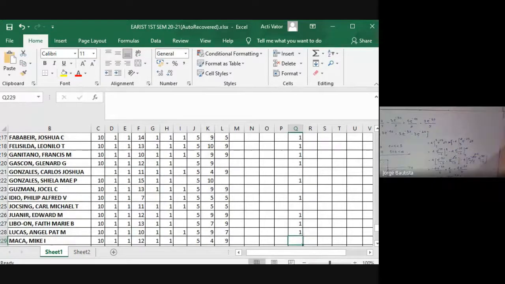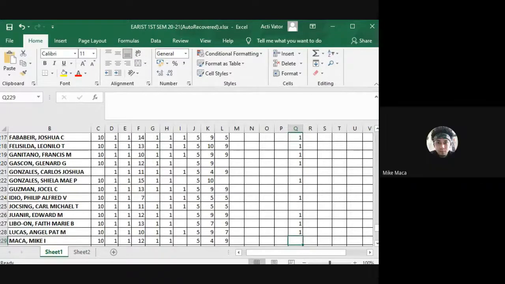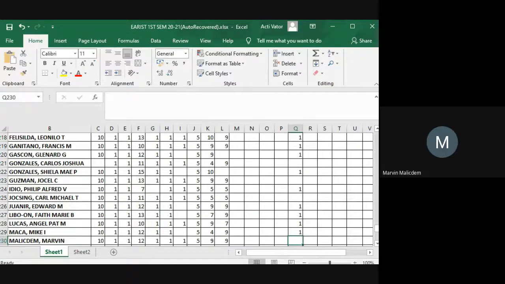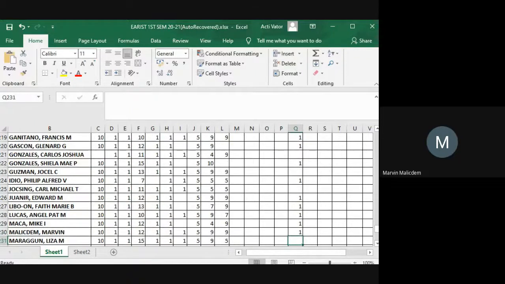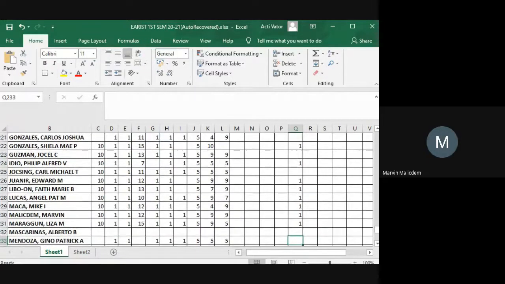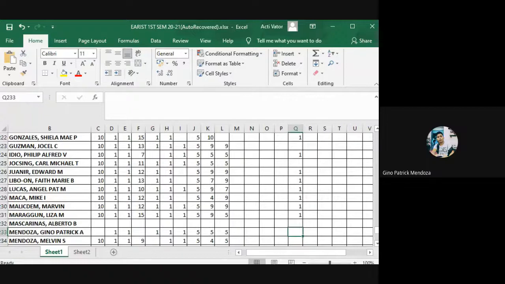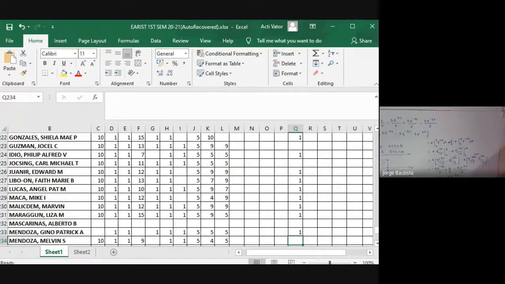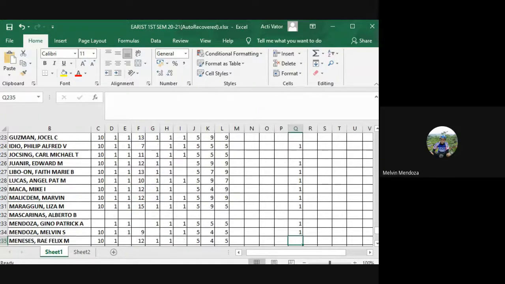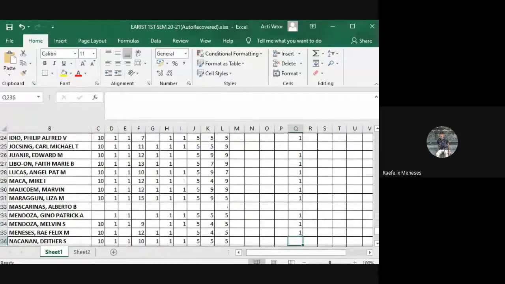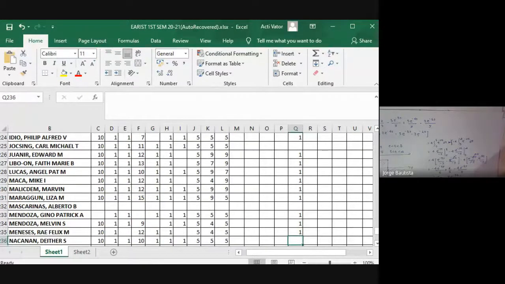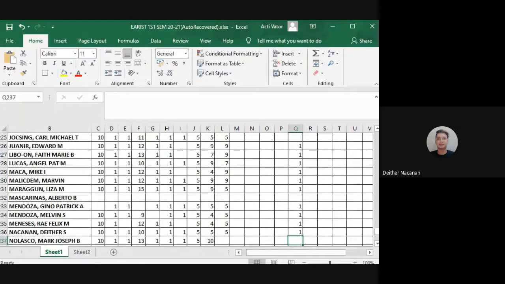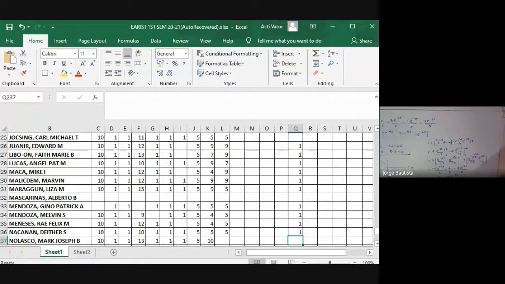Malikdem. Present, sir. Mendoza Gino. Present po, sir. Mendoza Juno Patrick, sir. Present po. Mendoza Melvin. Present, sir. Meneses. Present, sir. Nakanan, sir. Present. Nolasco. Present daw po, sir.